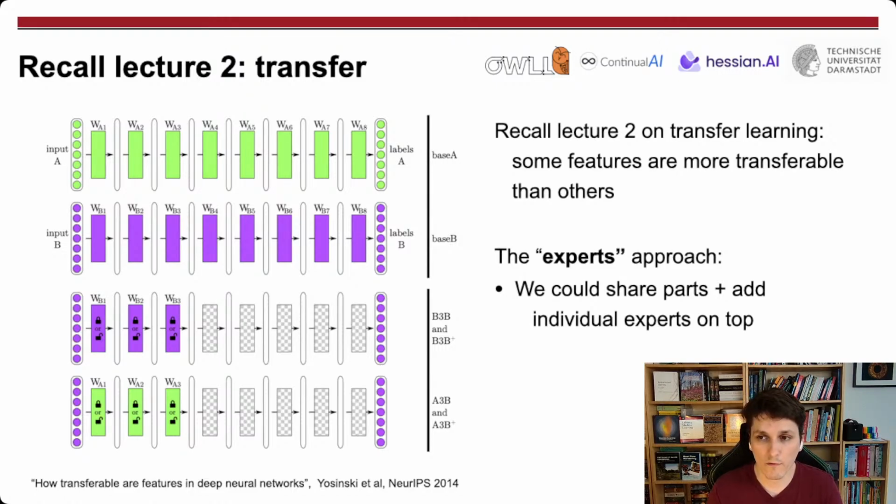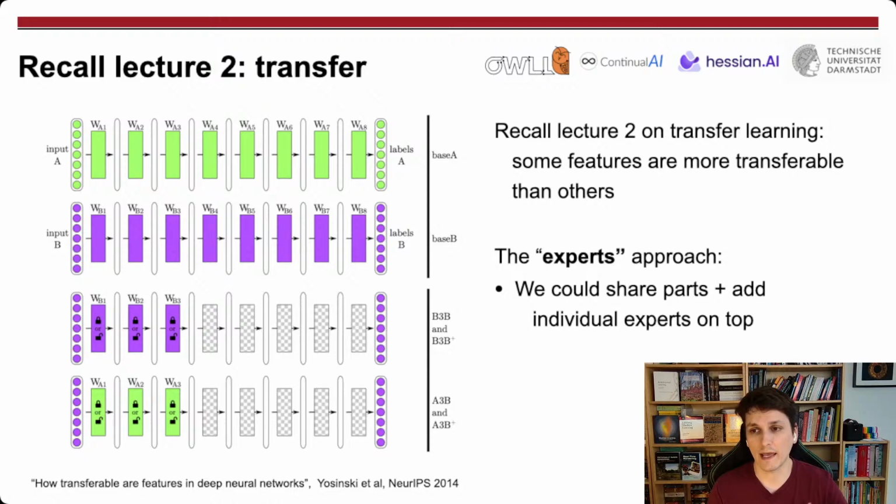So you may recall from lecture 2 that we've seen these illustrations on the left and the respective experimental results, where we thought about the idea of training on an initial task A, then either freezing or transferring some of the layer representations and figuring out whether that helps or hurts us in terms of training on the new task.